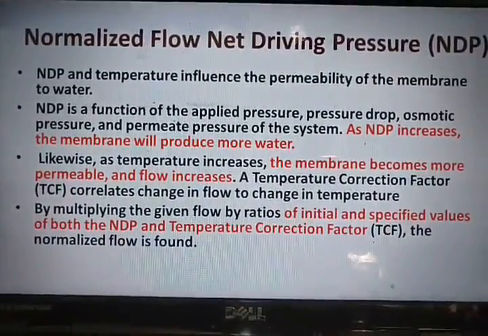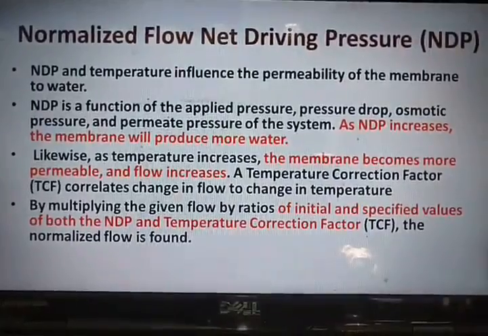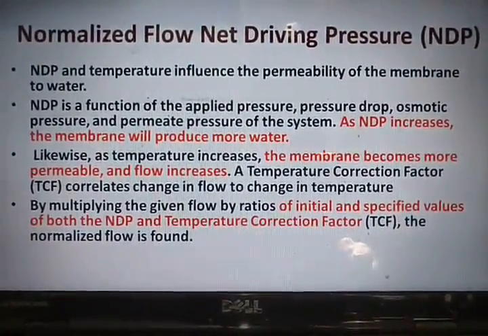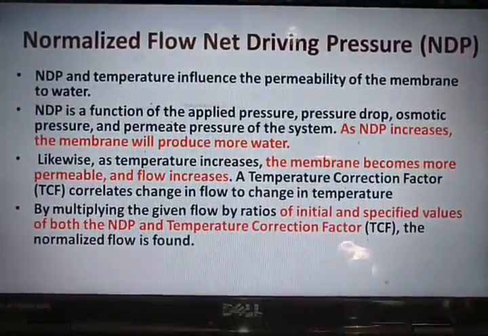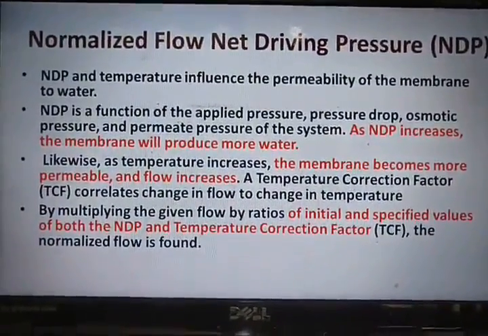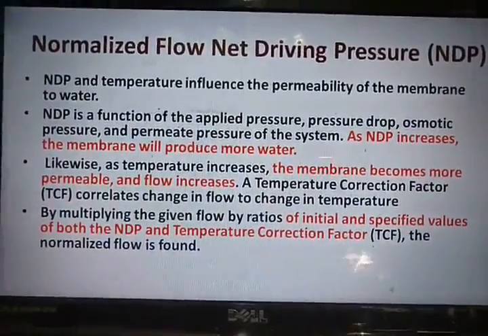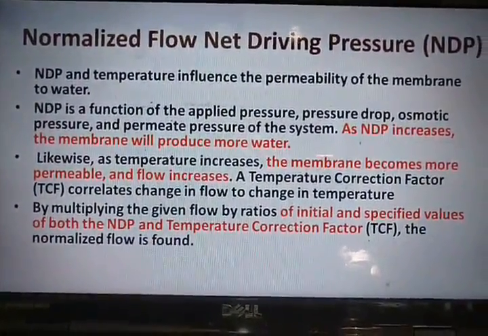The temperature correction factor correlates the changes in flow to the change in temperature. By multiplying the given flow by ratios of initial and specified values of both NDP and temperature correction factor, TCF, the normalized flow can be found. That means normalization is a technique of getting the maximum utilization of the membranes at normal flow conditions relative to reference flow conditions.